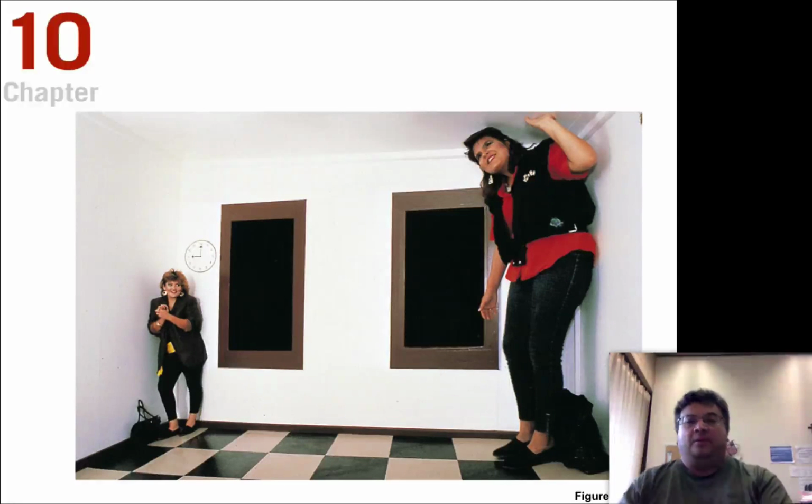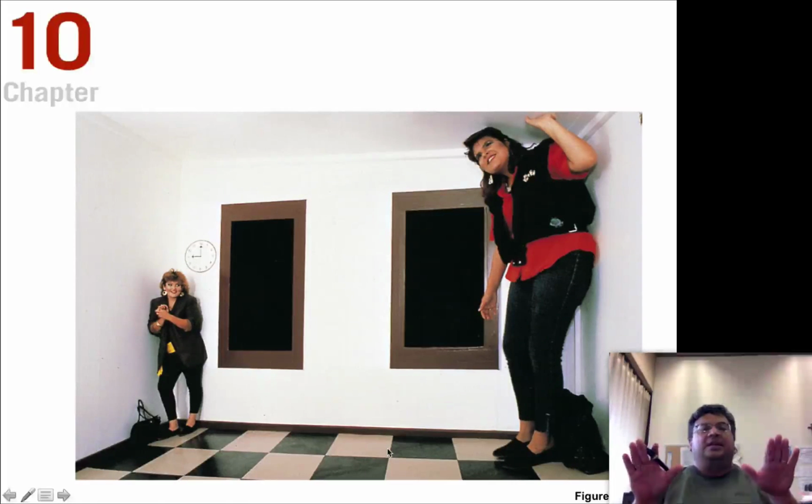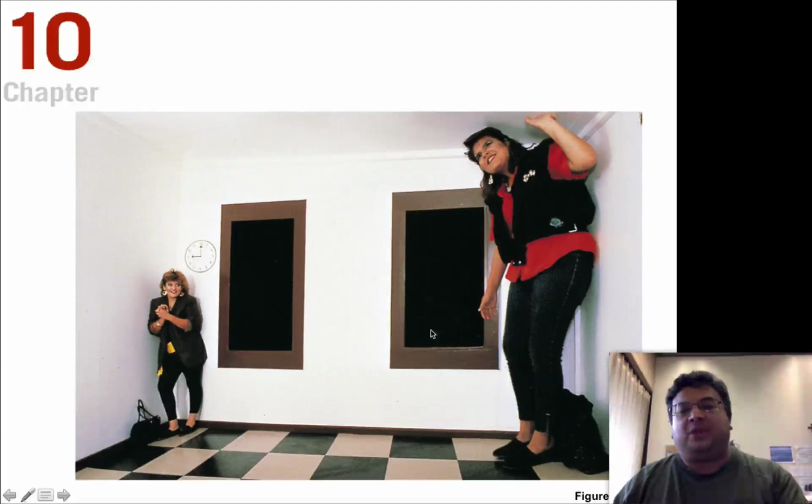So the ceiling and floor on this side are much closer together than the ceiling and floor over here. But the windows and the floor are painted so that you can't really tell that they're crooked like that. So when somebody walks from here to here, they magically shrink. And when somebody walks from here to here, they magically grow.